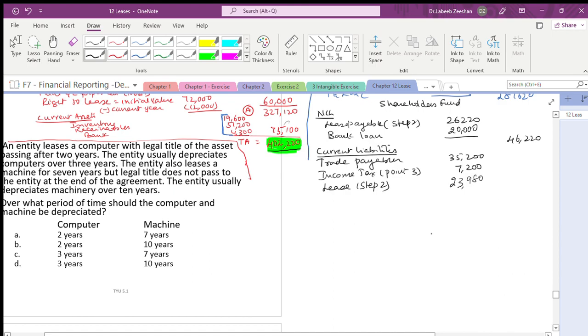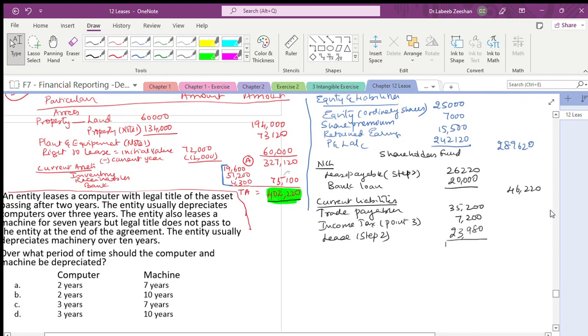How much will you get? 35,200 plus 7,200 plus 23,980. Total is 66,380.